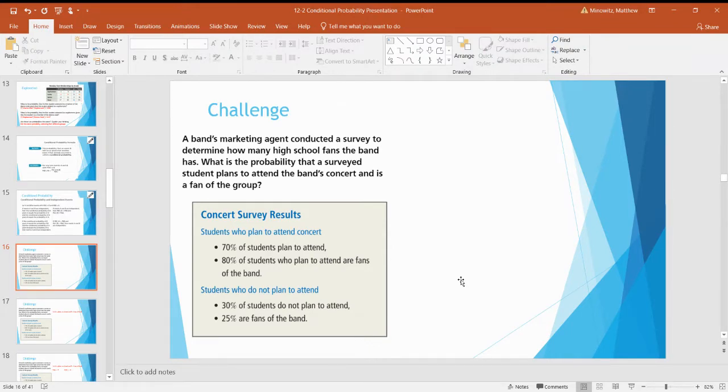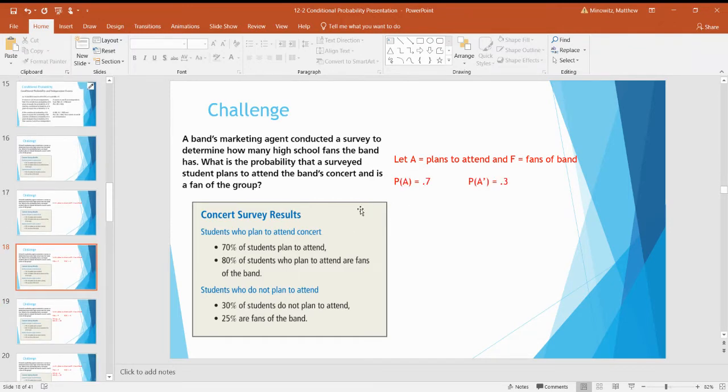Okay, so now that you've unpaused the video, let's look at a few of the details. The first thing, we're going to define our variables. We have 2 different events happening: either plans to attend or doesn't plan to attend, and are they a fan of the band? So I'm going to write down a few of my data points. The probability that they are going to attend: 70% attend, 30% do not attend. Now remember, this is the complement symbol, so the probability of not A is 30%.